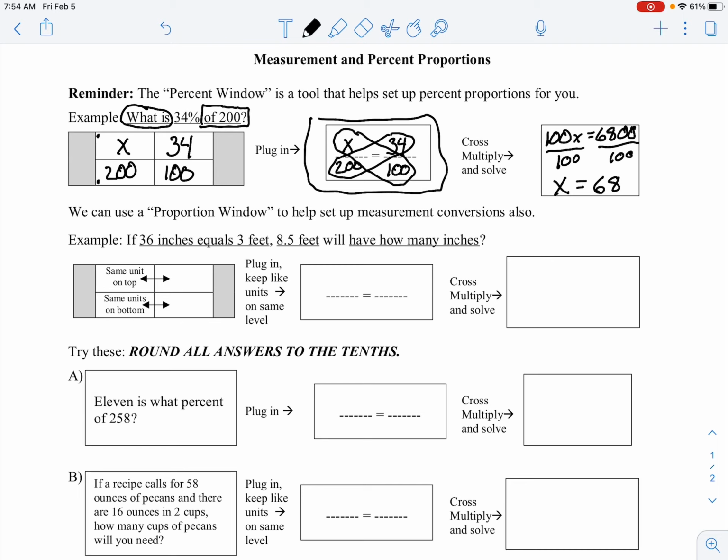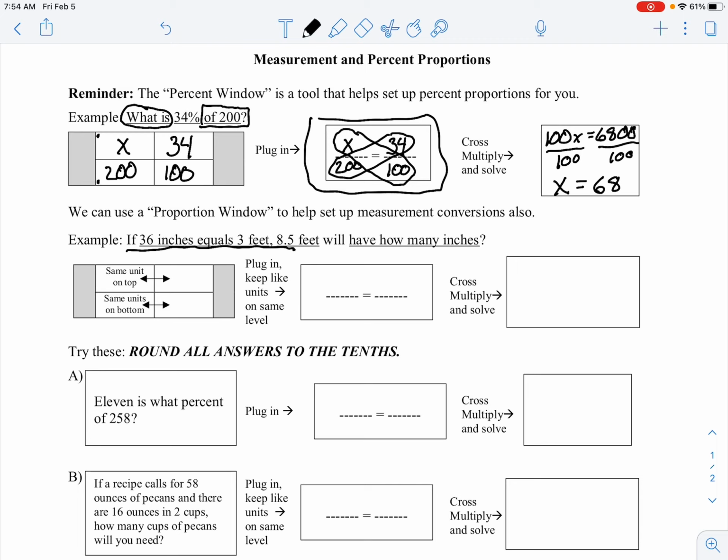All right, so these proportion windows can also help us out with those measurement conversions that we might have been having trouble with from 5-1. Something to remember here is that we keep our same units on top. So if we're going to use inches, as in this problem here, on top, then we want to keep inches on top, and then feet would go on the bottom. We can set up our proportion window the same way.